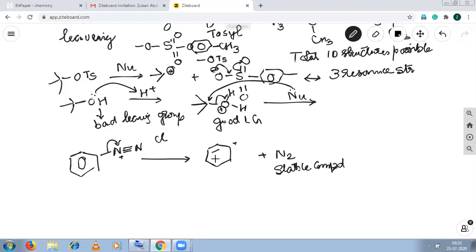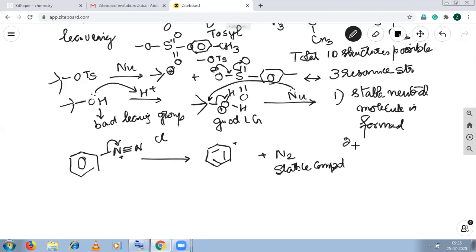Okay, so this is how you decide the nature of the leaving group. So how do you decide the nature? Number one, a stable neutral molecule is formed. What is the second aspect?